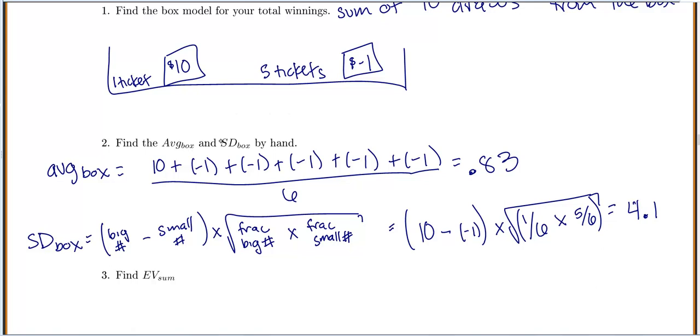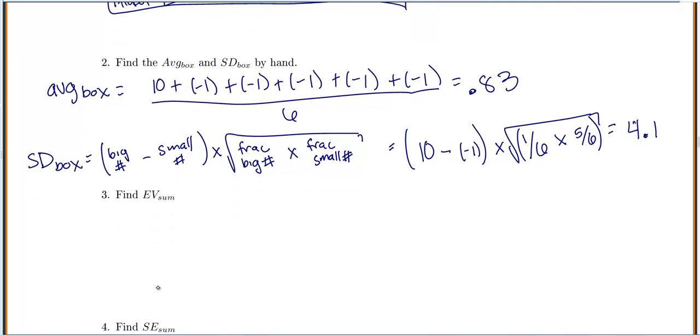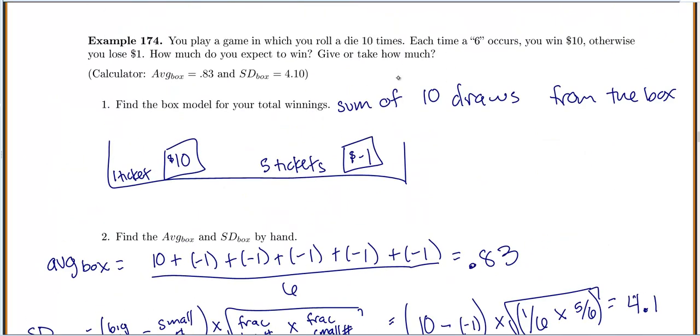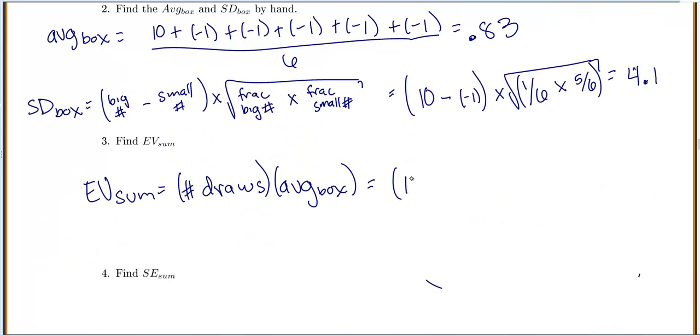Now that we found the average and standard deviation of the box by hand, we can find the expected value for the sum and standard error for the sum. So expected value for the sum is equal to the number of draws times the average of the box. So number of draws, we're doing this 10 times, so there are 10 draws, times the average of the box, which is 0.83, so 8.3.